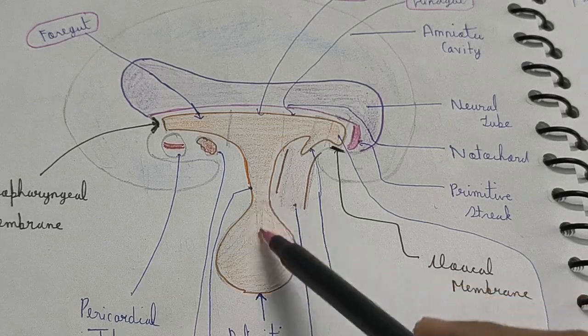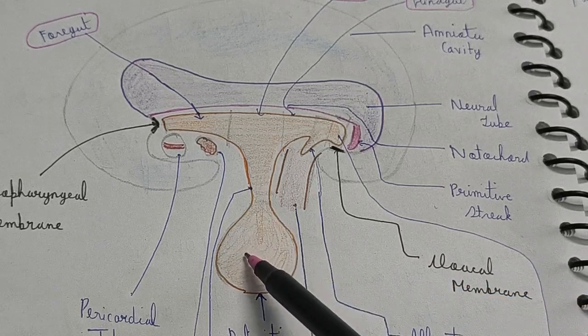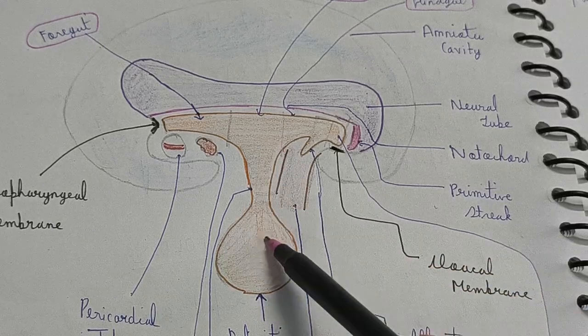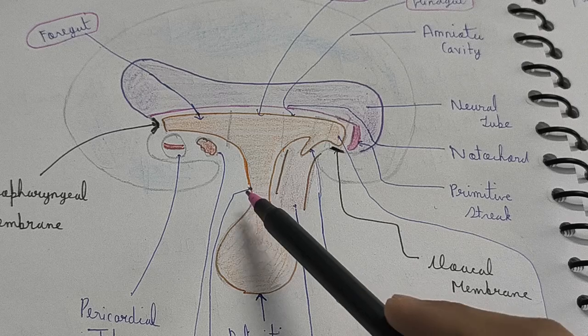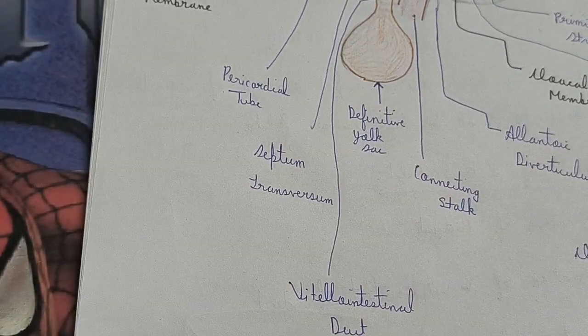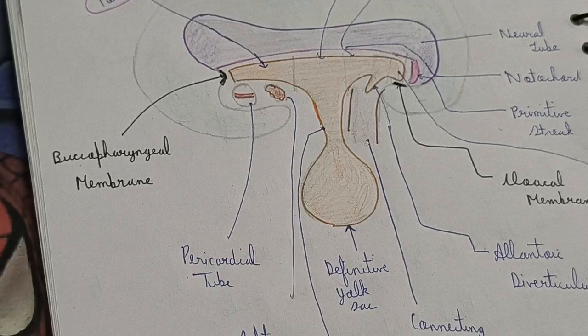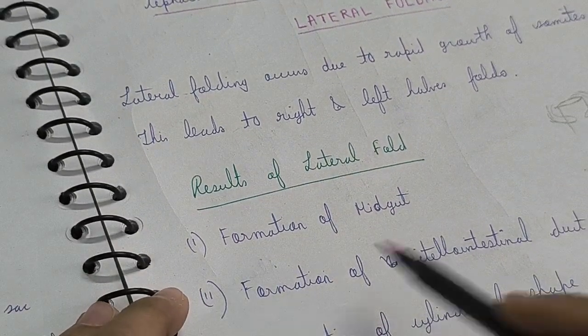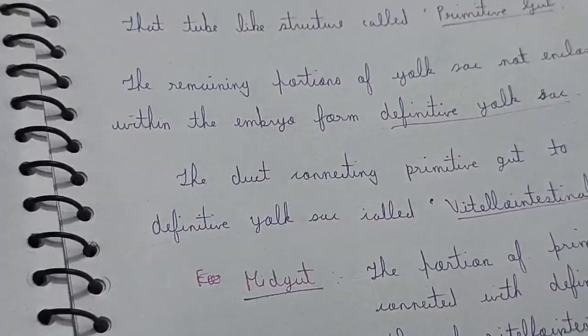Now this definitive yolk sac provides nutrition, so it must be connected to the primitive gut. It is connected to the primitive gut with the help of a duct known as the vitellointestinal duct. So I hope you are able to understand what the vitellointestinal duct is.